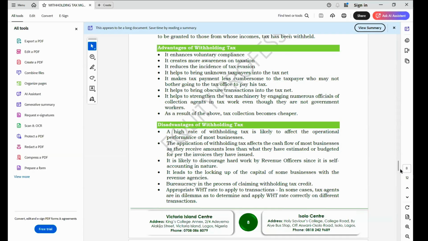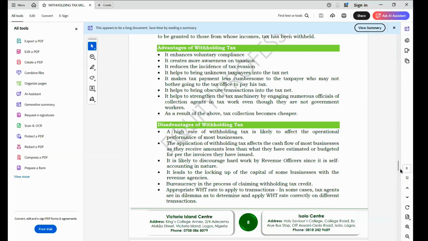Before now, claiming withholding tax was usually a cumbersome process. But now, because of the technology developed by the tax authority, it is seamless. As I told you, at the federal level, once any taxpayer has paid on your behalf, that will automatically reflect on your tax profile.